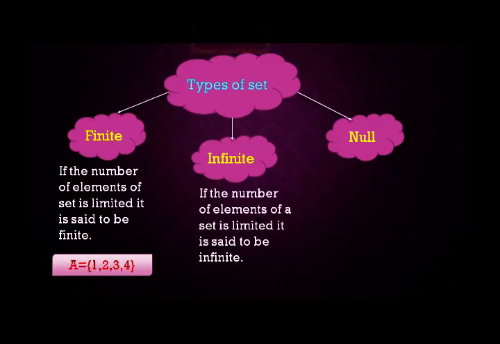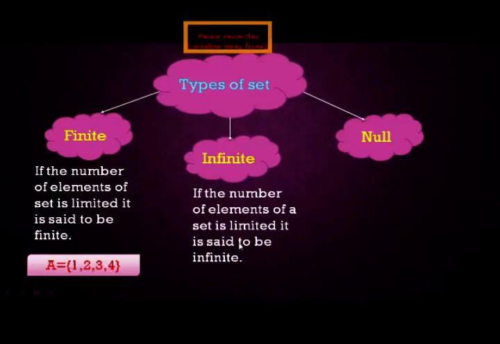If the number of elements of a set is not limited, it is said to be infinite. It means that we don't know about the last range. Last range means the last element, which I have already told you that if you don't know about the last element, it means that set is known as an infinite set.